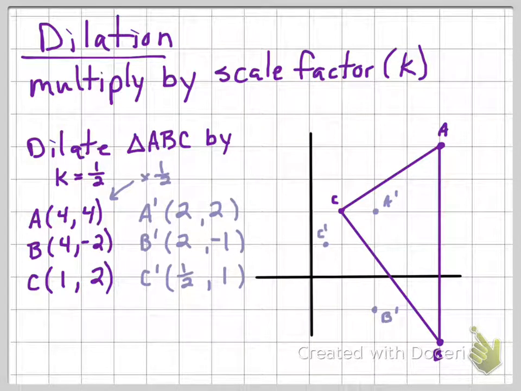Now if you notice, each pair, the C and the C prime, the A and the A prime, and the B and the B prime, lines up with the origin. I could draw a straight line from the origin through C prime that went through C, and from the origin A prime and A, from the origin B prime and B. All straight lines. Okay, so then I connect them, and that's my dilated triangle.